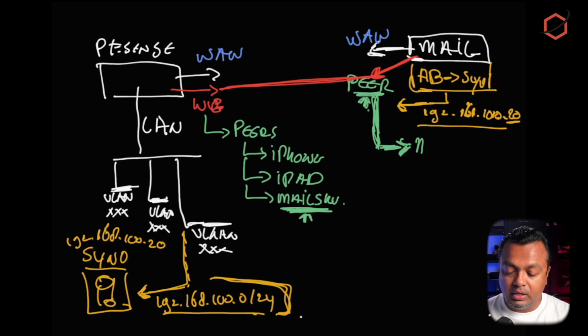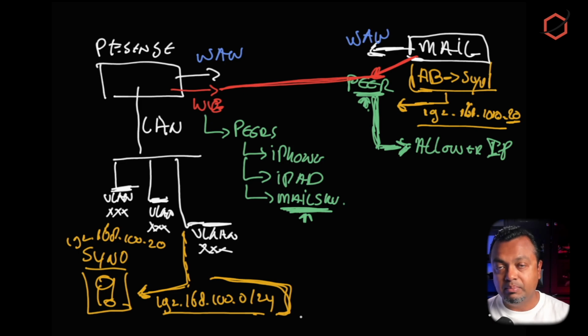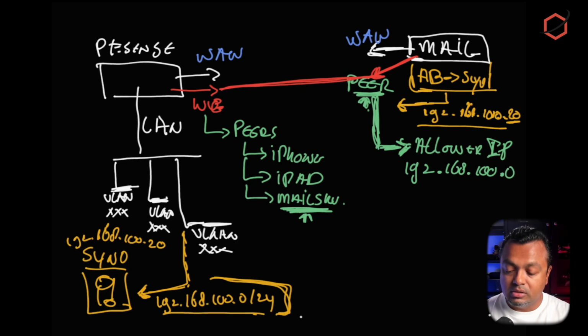There is an option in here which tells WireGuard, and the option is AllowedIPs. And this tells the WireGuard component on my mail server to create a route on the system. In this case, I will allow an IP configuration or a subnet of 192.168.100.0/24.